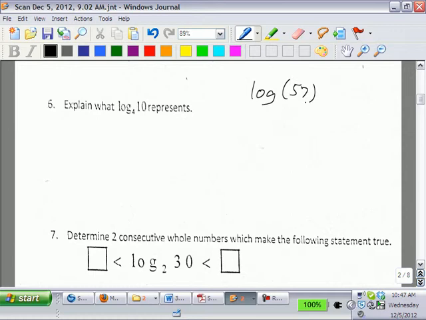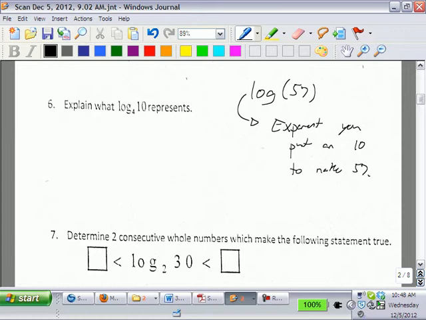Log 57 is the... Okay, good. Exponent you put on 10 to make 57. How did you know we were talking about the exponent on 10?